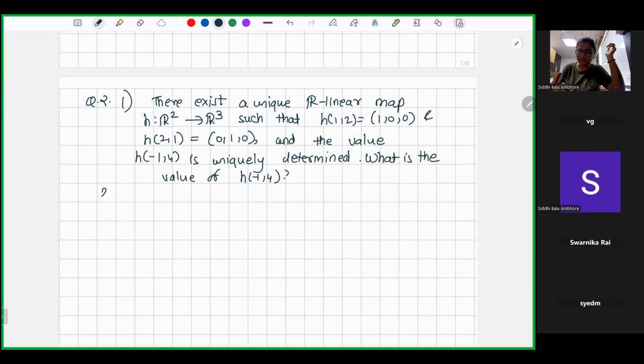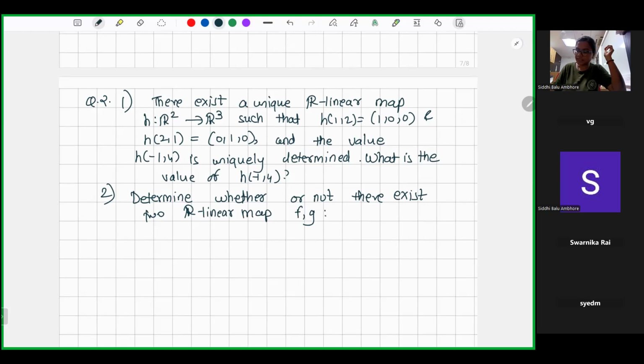That is the question. And secondly, determine whether or not there exist two R-linear maps f and g, and this is different, okay?